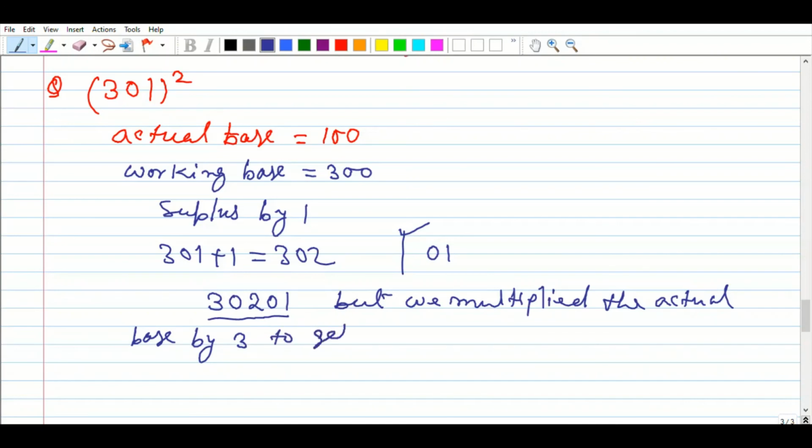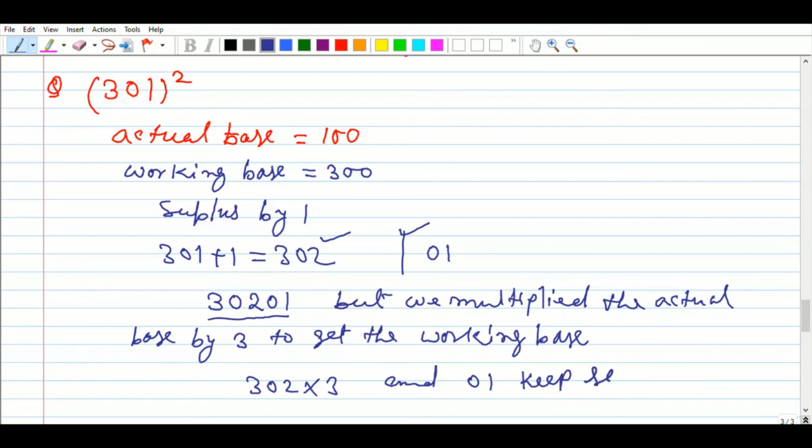So we multiply 302 by 3 and keep 01 the same.